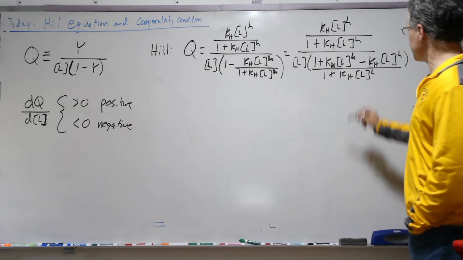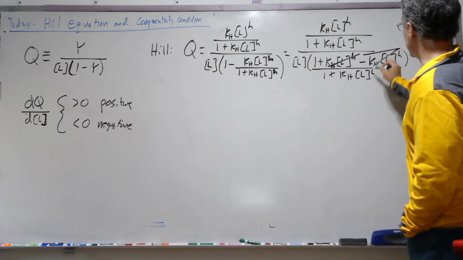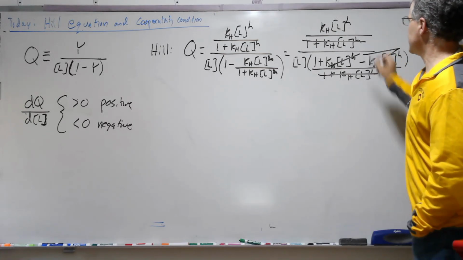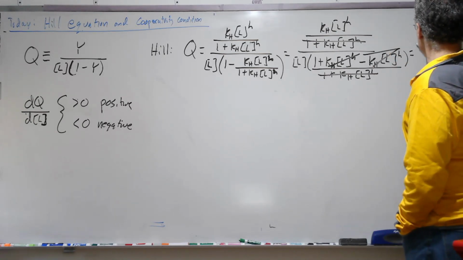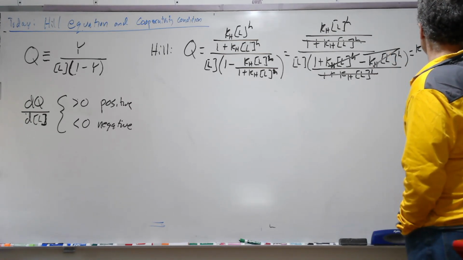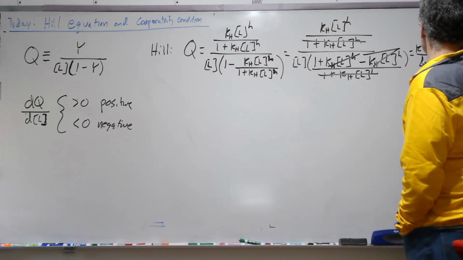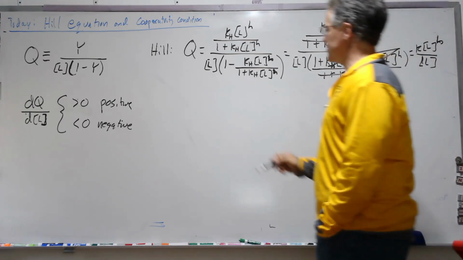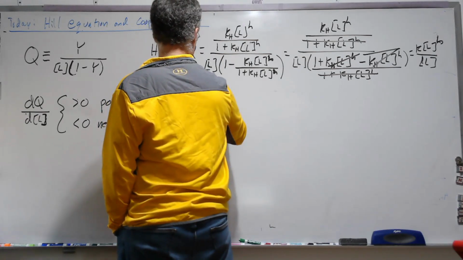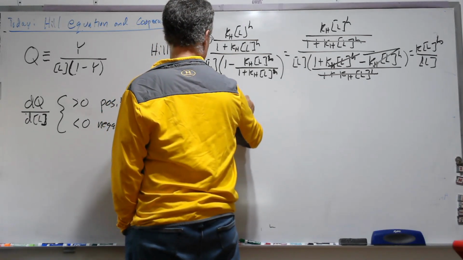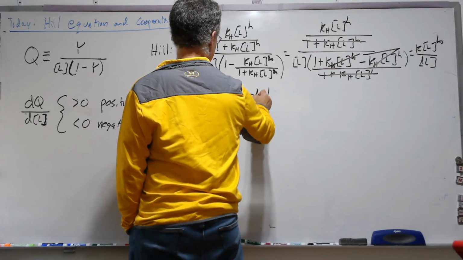And just like with the Langmuir model, we see some good cancellation. These terms cancel, the denominators cancel. So I'm left with K L to the H over L. So Q is K L to the H minus 1.